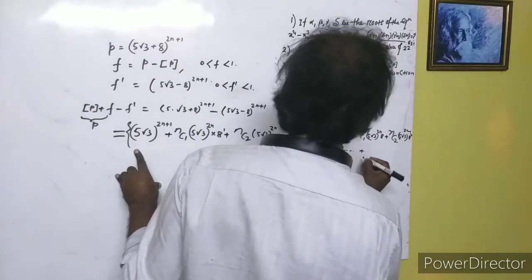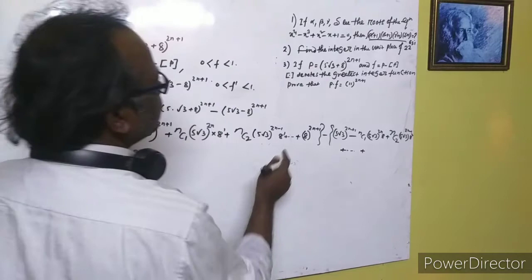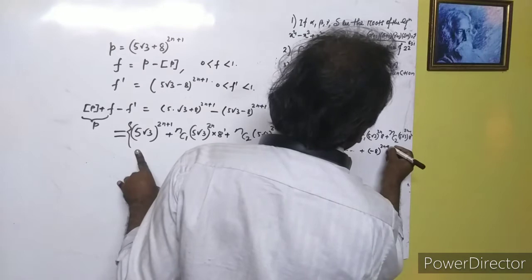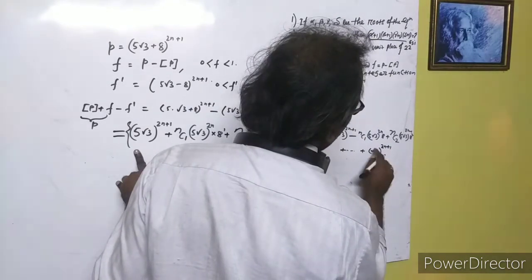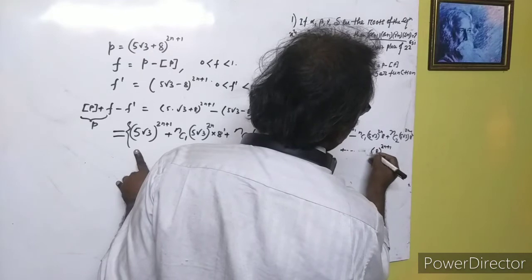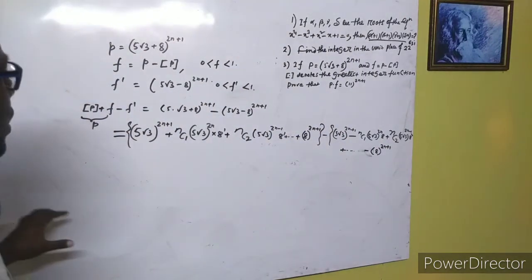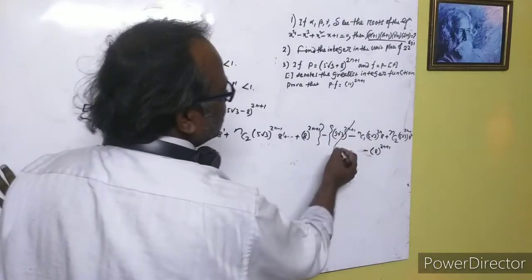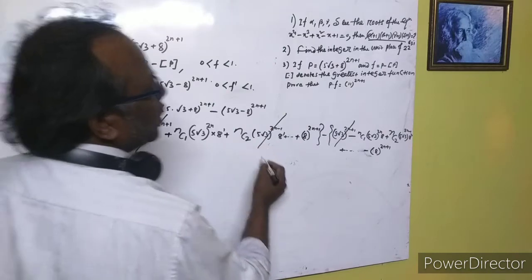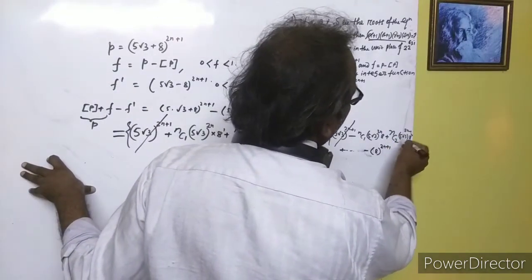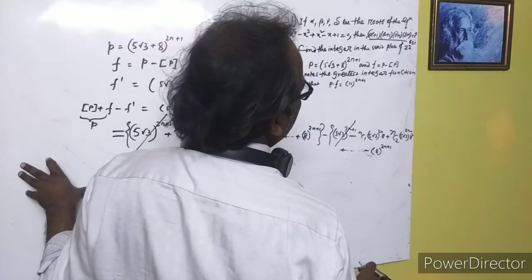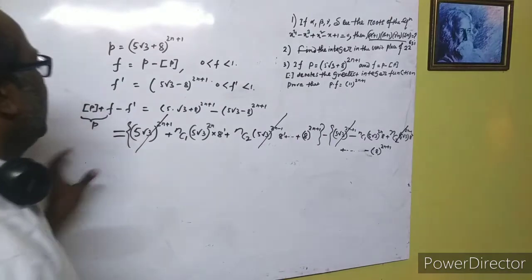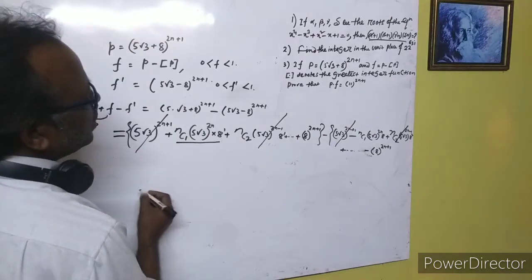And so on, up to minus 8 to the power 2n + 1. 2n + 1 is an odd number, so it can be written with a minus here. So see carefully, in the middle there is a minus, so this and this number are cancelled, this and this number are also cancelled. So the remaining all are twice that.